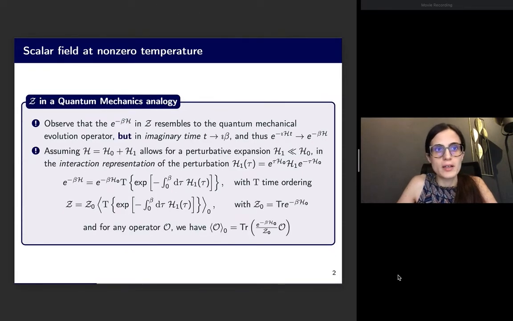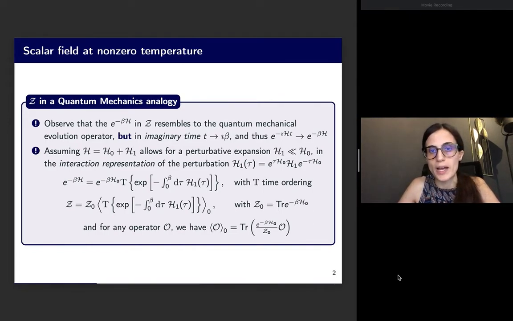As we have argued about the importance of the partition function, because we can obtain thermodynamic observables by taking derivatives of the partition function, we continue discussing the partition function because it is interesting to see that when we write the partition function as the exponential of minus beta the Hamiltonian, actually the partition function resembles pretty much the quantum mechanical evolution operator, but with some change, in particular with the change that we move to imaginary time.